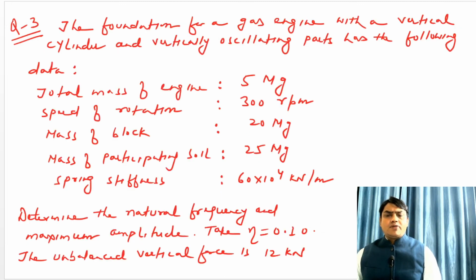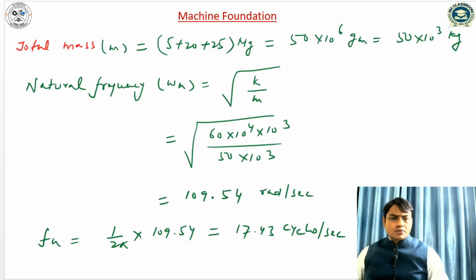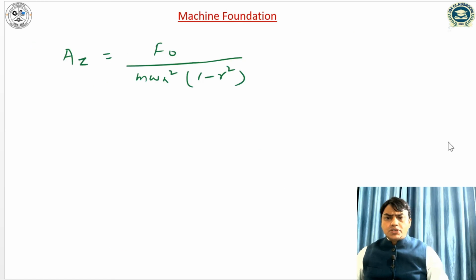In the second part, we have to find the amplitude. Maximum amplitude is equal to F naught divided by m omega n square into 1 minus r square. The speed of rotation is given as 300 rpm.